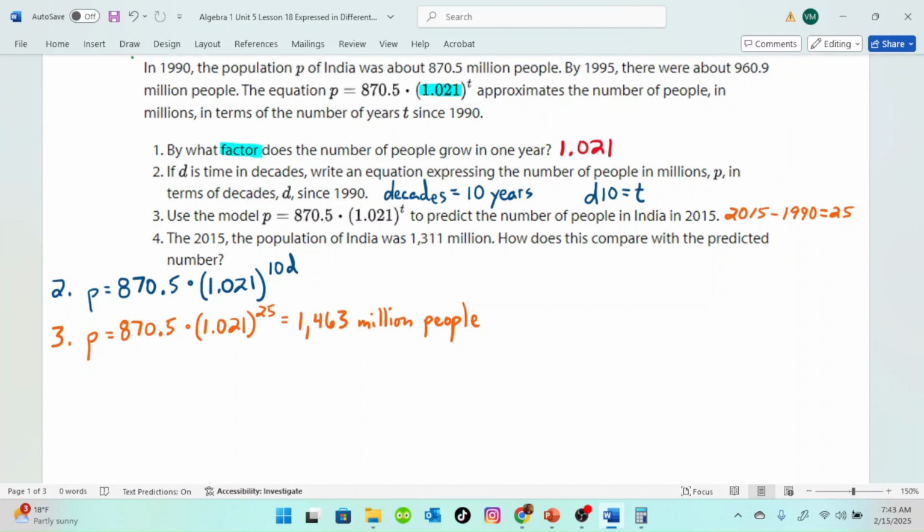So if we wanted to know how much higher, we can take the predicted value, 1,463, and subtract the actual 1,311.